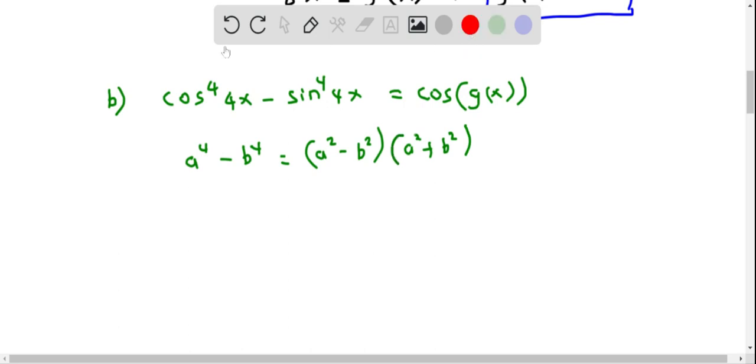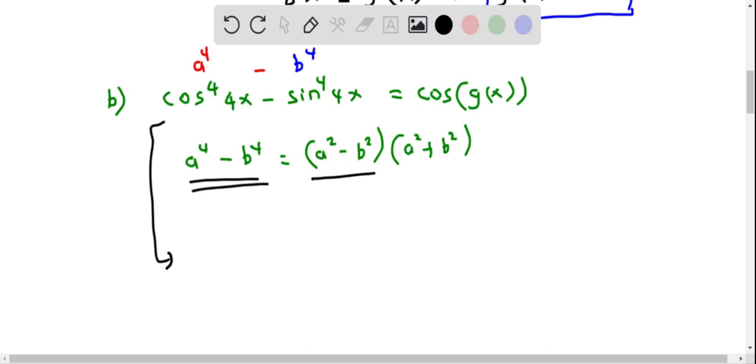That is, consider a power 4 as cosine power 4x. This is a power 4 minus sine power 4x. Sine power 4x is b power 4. So therefore, using this a power 4 minus b power 4, we can write down this left side expression, that is cosine power 4x minus sine power 4x, and this equals a squared minus b squared.